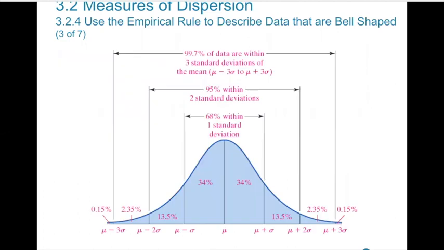But this is what it looks like, and this is a really good representation. It breaks it down not only into within the standard deviations, those big portions at the top, but also into each little piece of your curve.